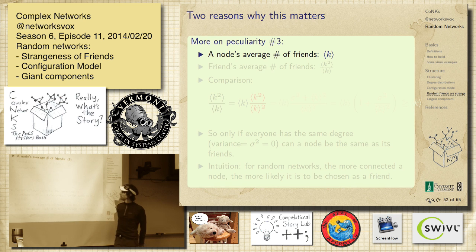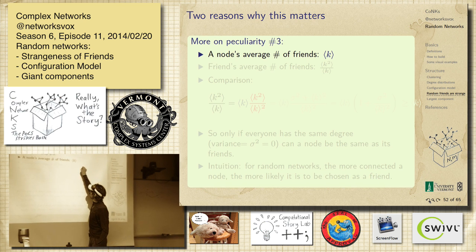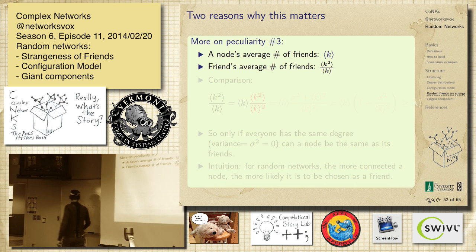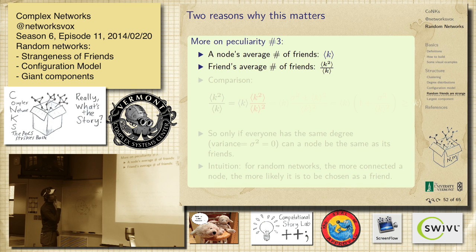So you have your number of friends. This is again for general random networks with a particular degree distribution. Your friend's average number is, that's true, right? Okay, so this is how many are out here in total.